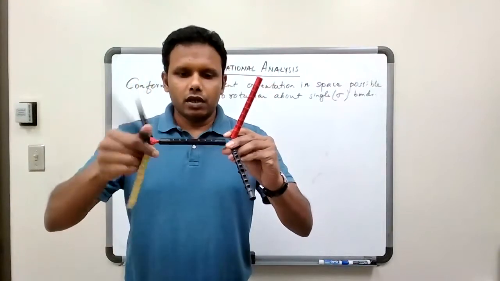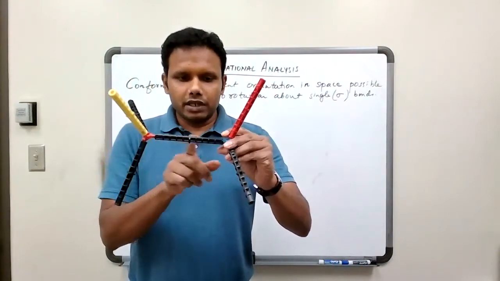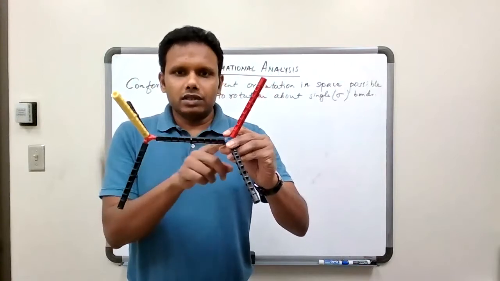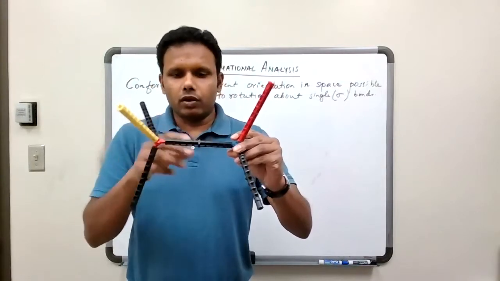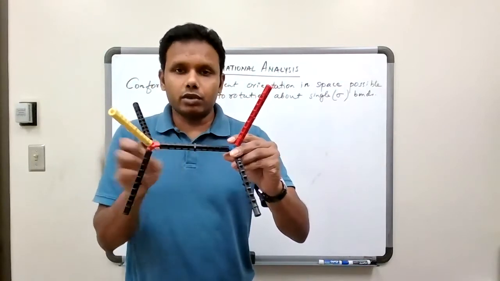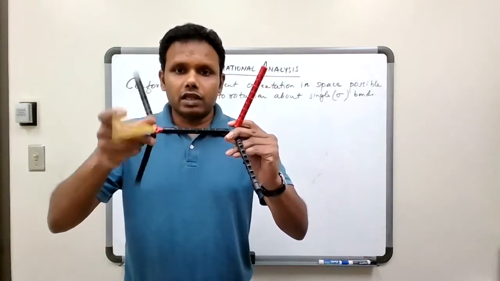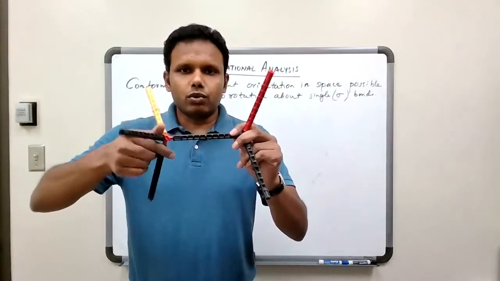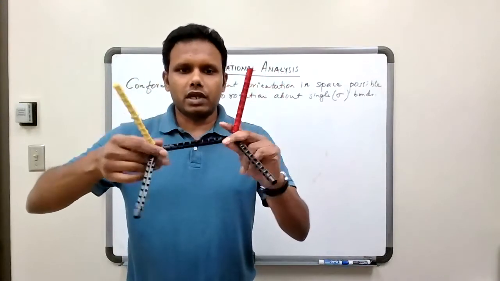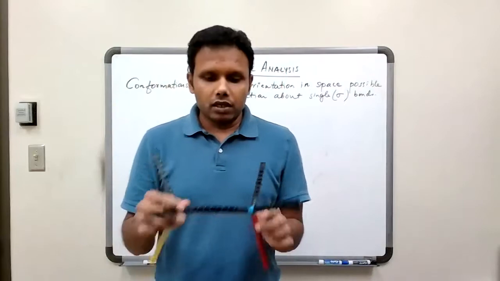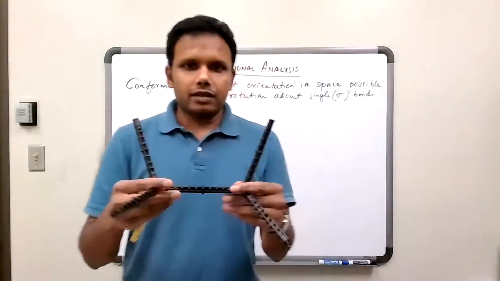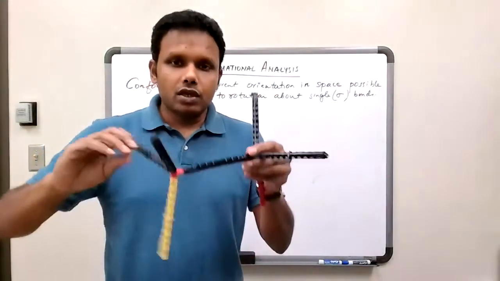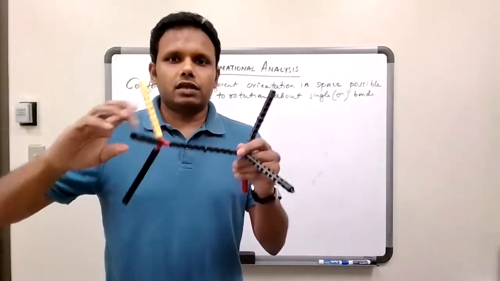No, it does not, because the electron density is along this carbon-carbon bond. We are using that electron density as an axis to rotate. So that is one important thing about alkanes or sigma bonds, that you can rotate about this bond.